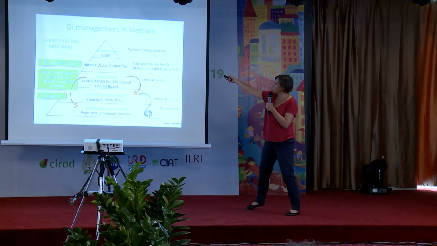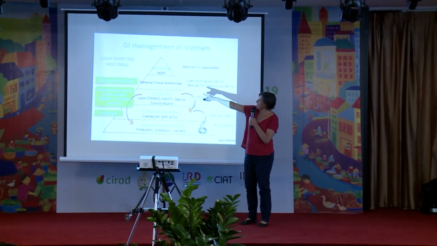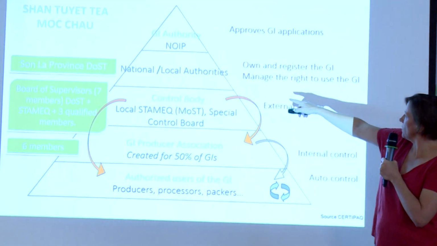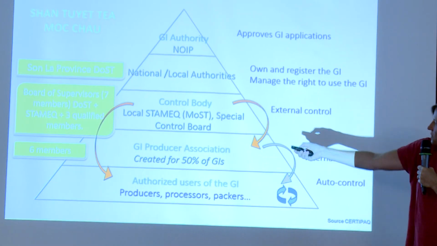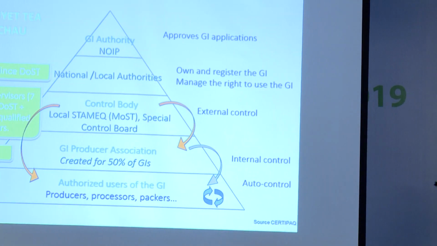So I looked at Shan Tuyet tea, for example, in Moc Chau. The Son La Province Department of Science and Technology owns and registers the GI, and then there's supervision by the DOST and STAMEC and qualified members.